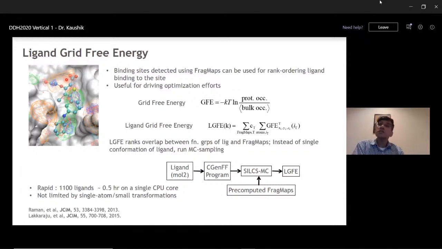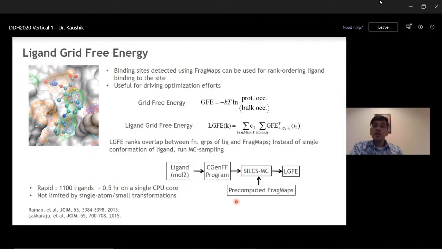Of course, you don't have to restrict yourself to a single conformation. There could be instances when you don't have crystallographic binding pose information of how a ligand sticks to that binding pocket, in which case we run a second round of Monte Carlo sampling. This is different from the GCMC-driven sampling of the fragments, or the probe molecules, in the sense that now you take the full ligand, and you have a pre-computed map of how the different atoms in the ligand can be mapped back to the different pre-computed affinity patterns, right?